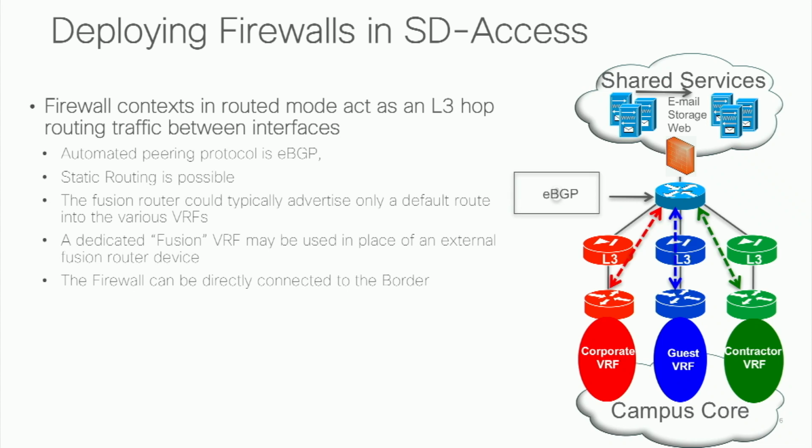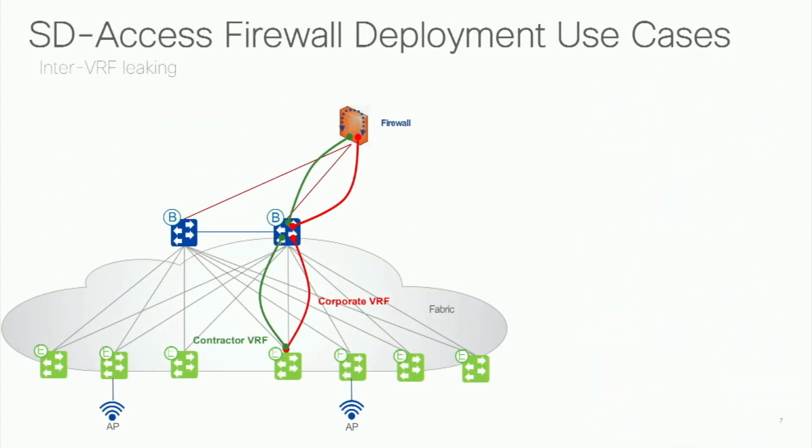So when we're looking at multiple VRFs, we have a couple different options. So we can do inter-VRF leaking, right? So we have, in this case, a corporate VRF. DNA center, we call it virtual networks. It's a VRF. I'm going to call it virtual networks and VNs, VRFs, you guys get it, right?